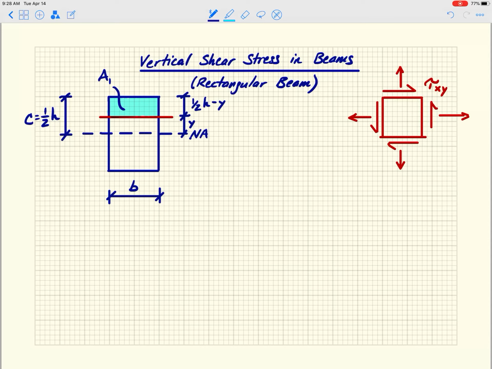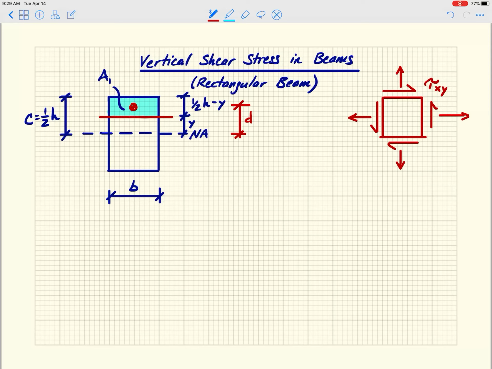And then the last thing I've got to dimension here, I'll do it in red, is this dimension here, which we're going to call d. That is the dimension up to the centroid of the area above where I'm making this cut.